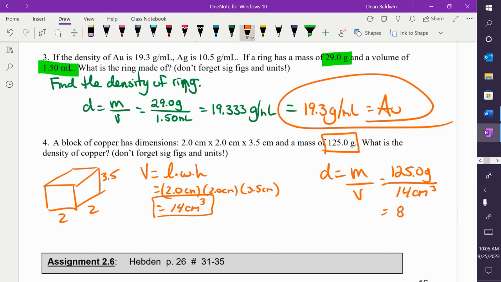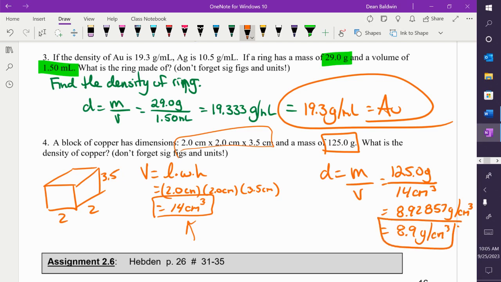And that should give you 8.92857 grams per cubic centimeter, which you're going to round to how many sig figs? 2 sig figs, because this one had 2, and all these only have 2 sig figs. So just 8.9 grams per cubic centimeter. All right, that's density.